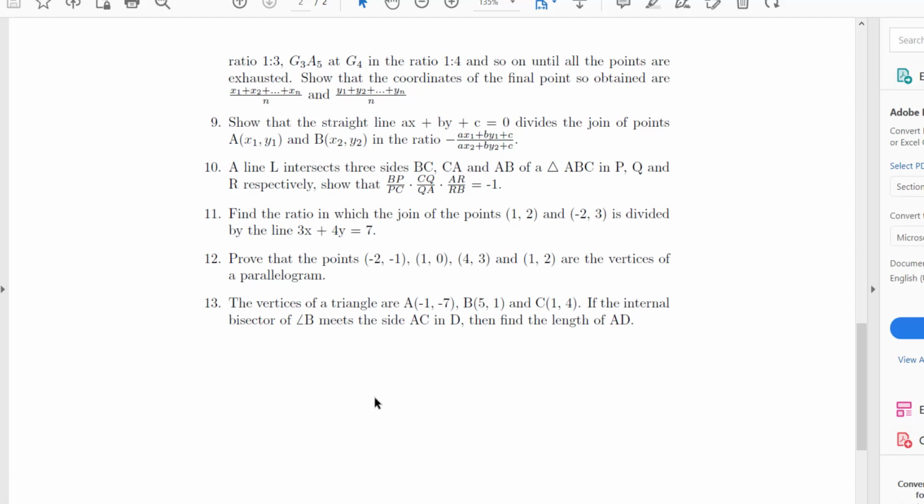Prove that these 4 points are vertices of a parallelogram. If you remember from your basic geometry, in any parallelogram, diagonals bisect each other. So these points are in cyclic order, right?